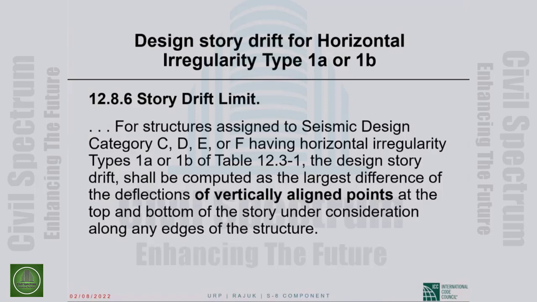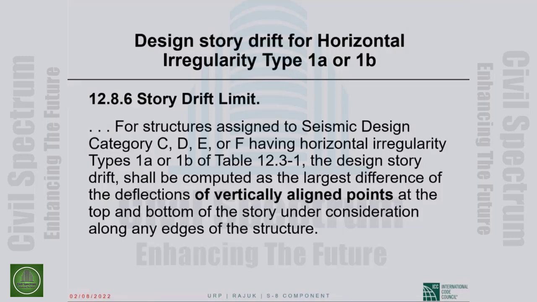And now, that is not good enough if you have significant torsion. So for structures assigned to design category C, D, E, or F having horizontal irregularity 1A or 1B, which would indicate significant torsion, the design story drift shall be computed as the largest difference of deflections of vertically aligned points at the top and bottom of the story under consideration along any edges of the structure.